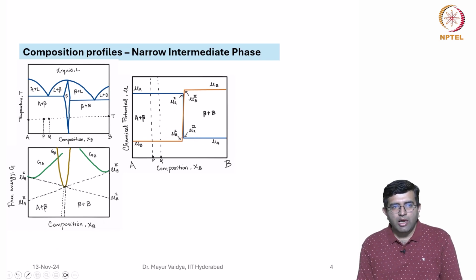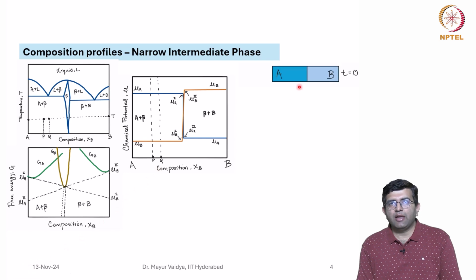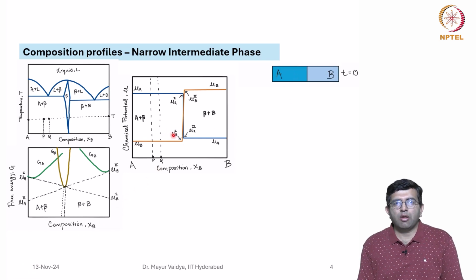Now, if I make a diffusion couple between A and B, there is certainly a chemical potential difference.